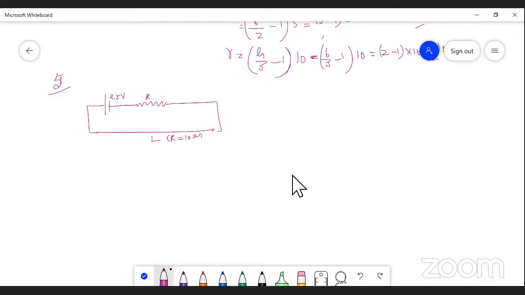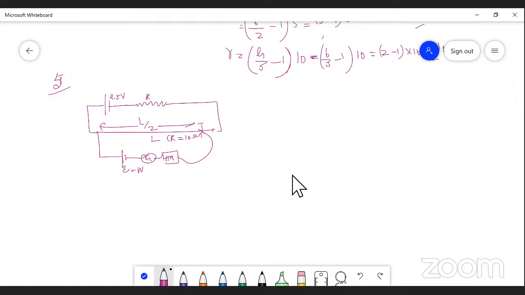This is closed. Some cell, a galvanometer, and high resistance, and a jockey J. The cell of EMF E equal to 1 volt balances the length L by 2. The balancing length is L by 2.